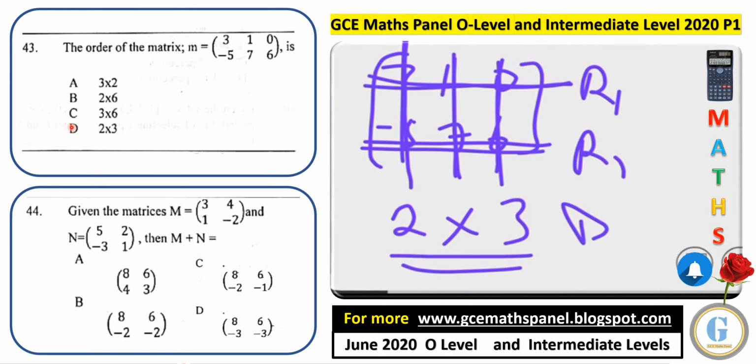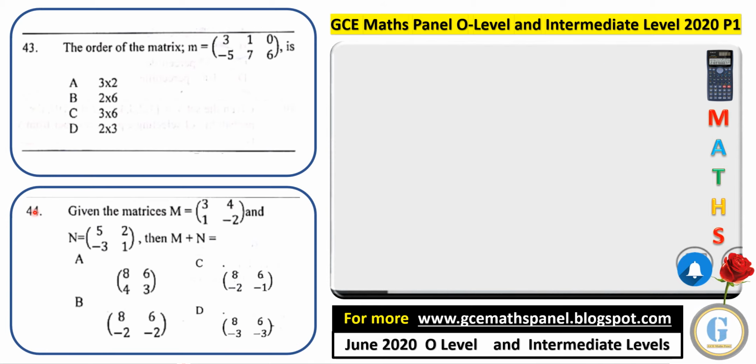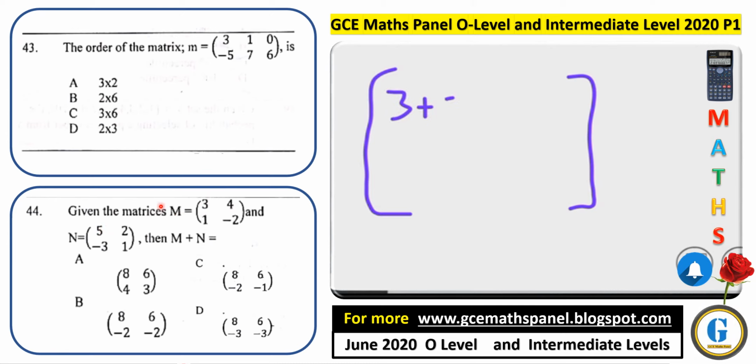Number 44, you have the matrix M equals that and N equals that. So what is M plus N? For M plus N, we are just adding the corresponding entries. So our M plus N will be equal to this matrix. In matrix M at position 1, 1, you have 3. In N, at that same position 1, 1, you have 5. So 3 plus 5. Then position 1, 2, you have 4 plus 2.